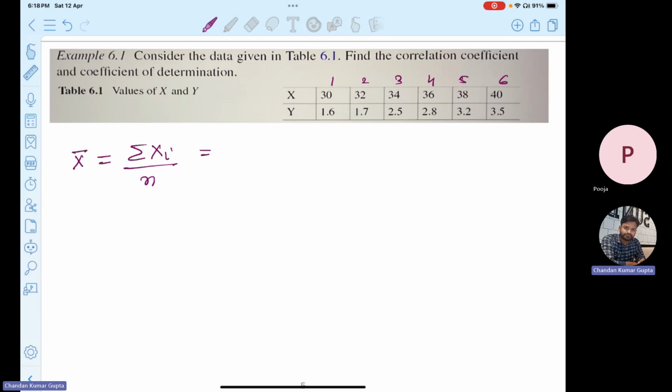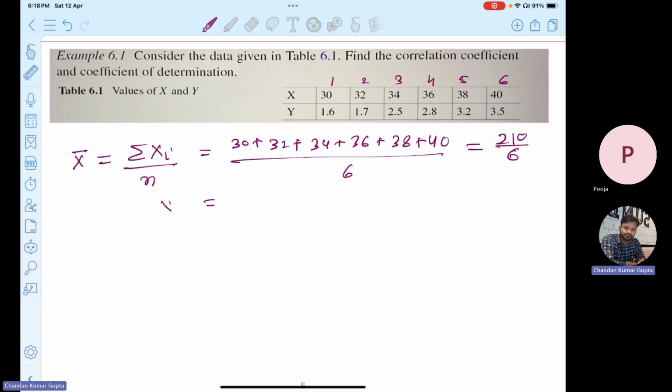Okay. So the summation of the xi's is 30 plus 32 plus 34 plus 36 plus 38 plus 40, which is 210, divided by 6, which comes out to be 35. Similarly, you can calculate y bar. It's a simple calculation.